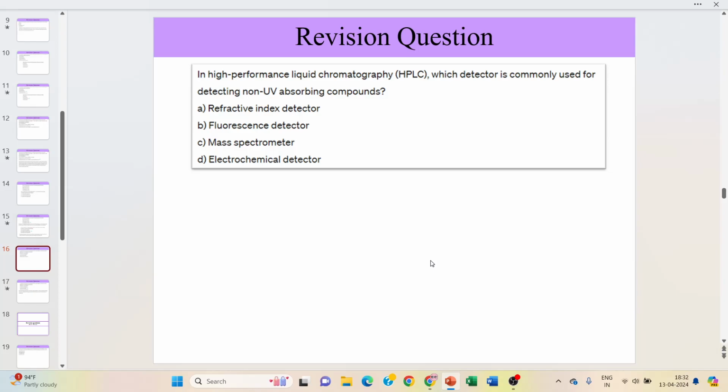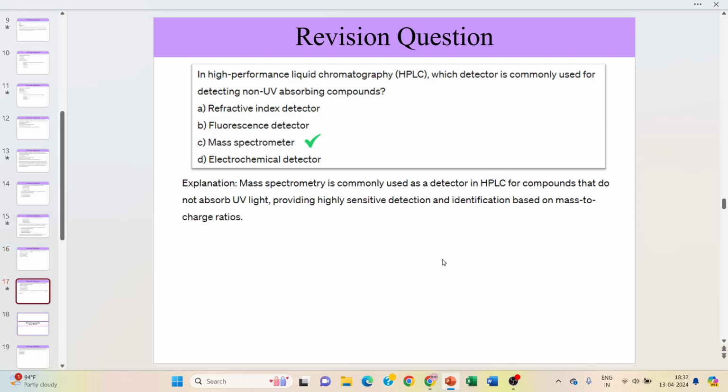So what kind of detector is present in HPLC that can detect the presence of non-UV absorbing compounds? Refractive index detector, fluorescence detector, mass detector and electrochemical detector. So the right answer is mass detector.